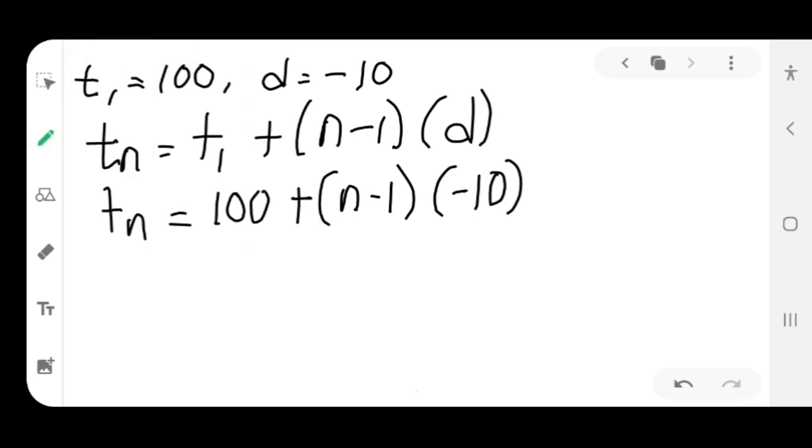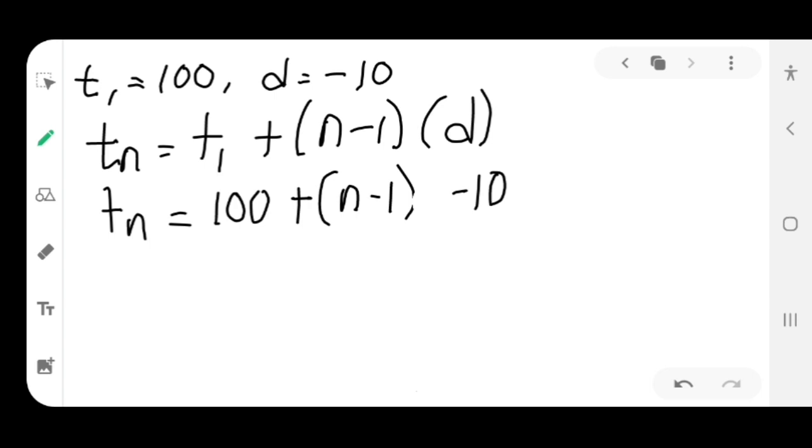I don't know if you have noticed that I always enclose the common difference in parentheses. Because if I am not going to enclose the common difference in parentheses, the operation here is subtraction. Look at this, n minus 1 then minus 10.